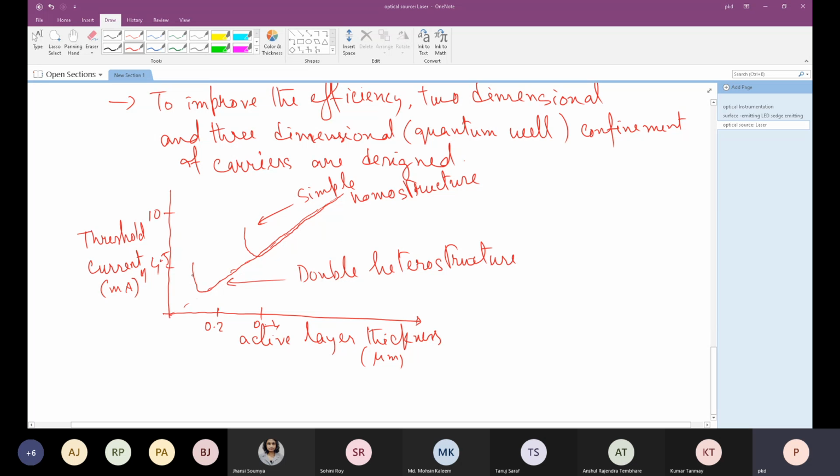Now, this portion is basically the spontaneous emission.